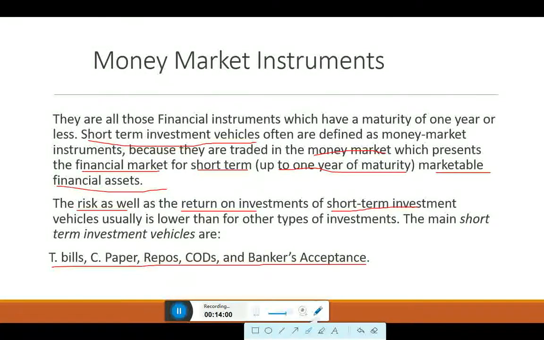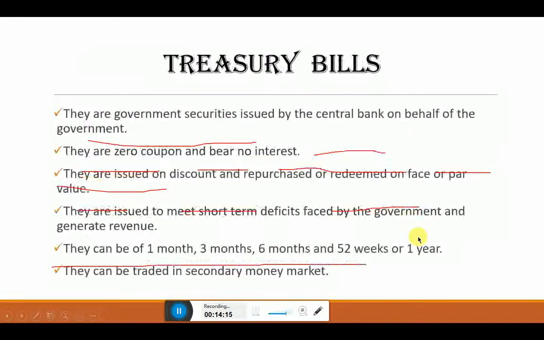It's a cost for them, right? So that's about the money market instrument. Now let's go ahead and further discuss them one by one.